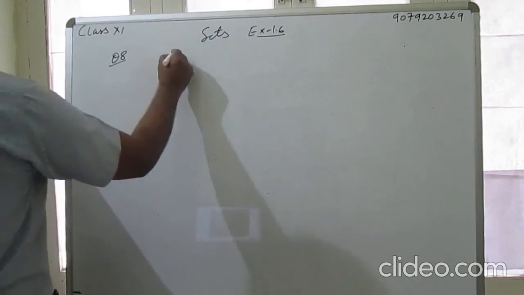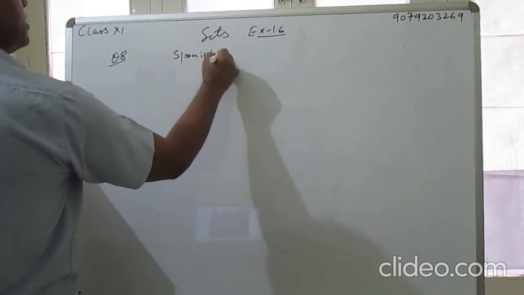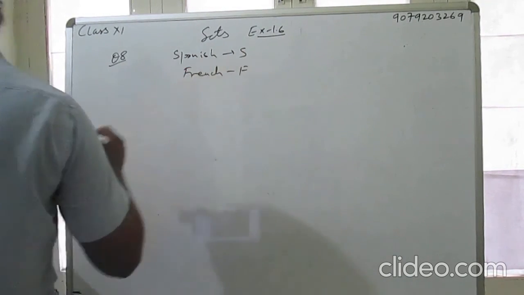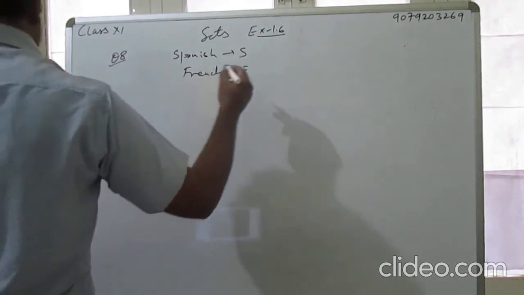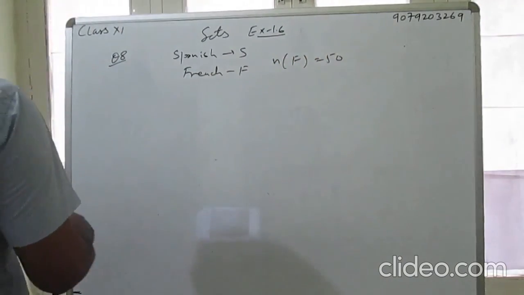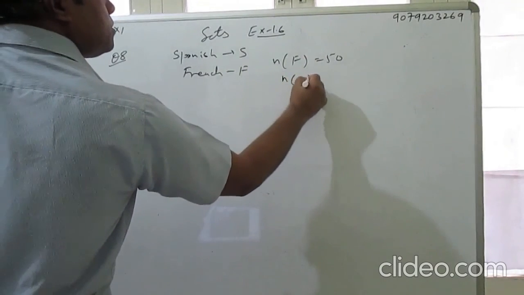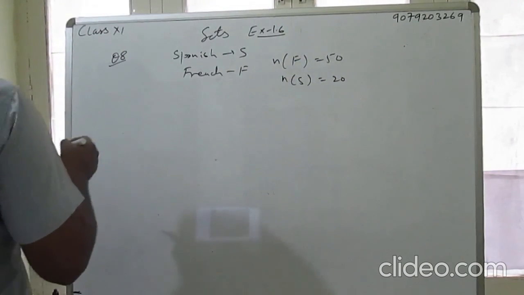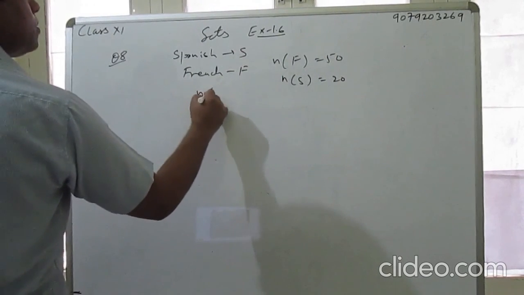So there are two languages. Spanish is denoted by S, French is F. 50 people can speak French, 20 can speak Spanish, and 10 speak both.